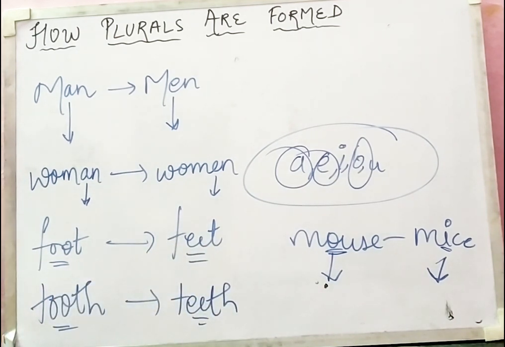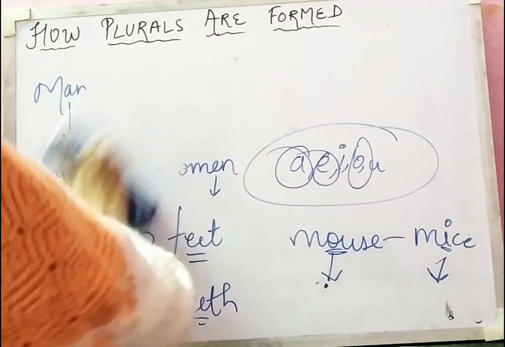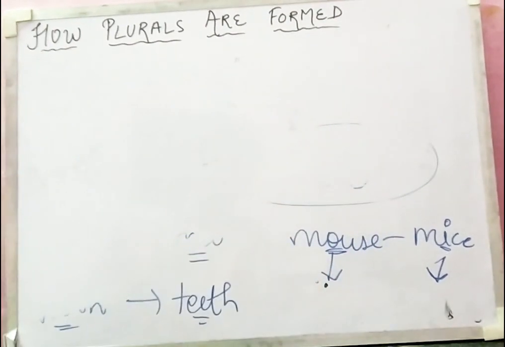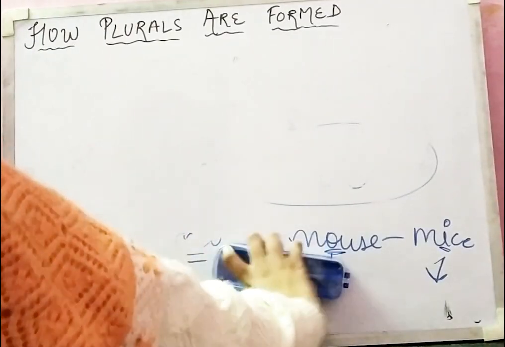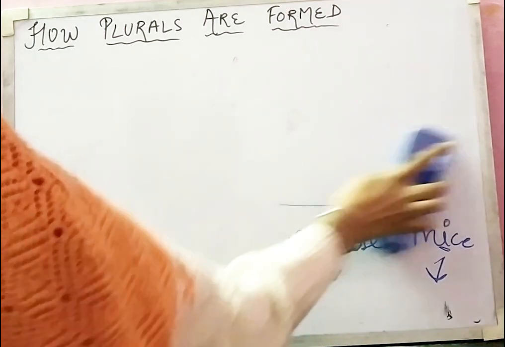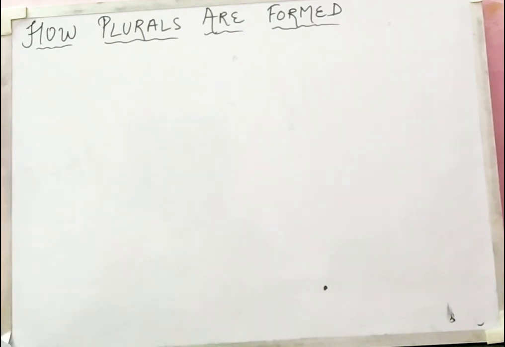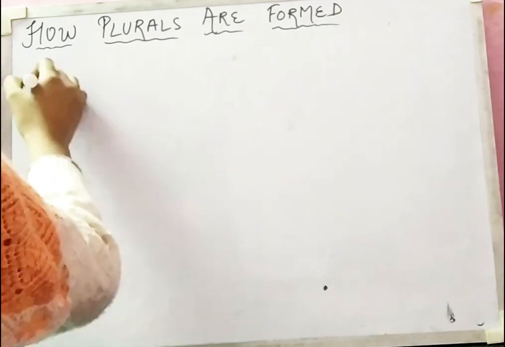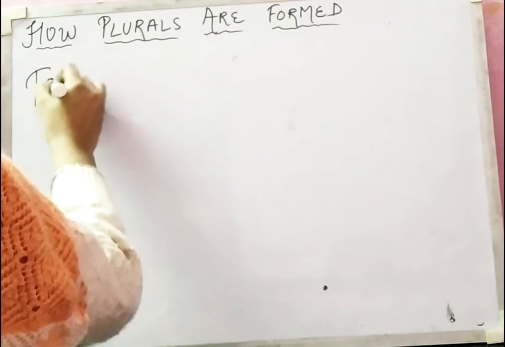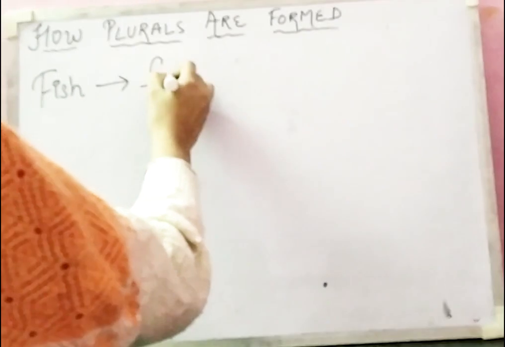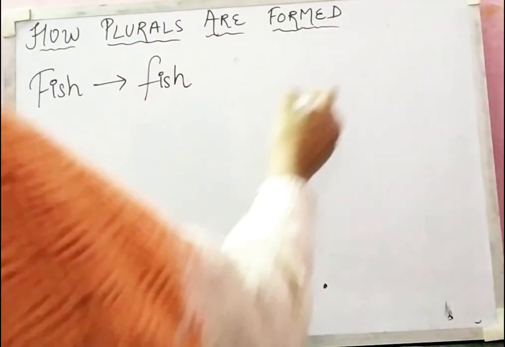Similarly there is one more example, some of you may be confused about what is the plural of fish? Some of you will be saying that it is fishes. But let me tell you, fishes is incorrect. Plural of fish is fish only, not fishes.